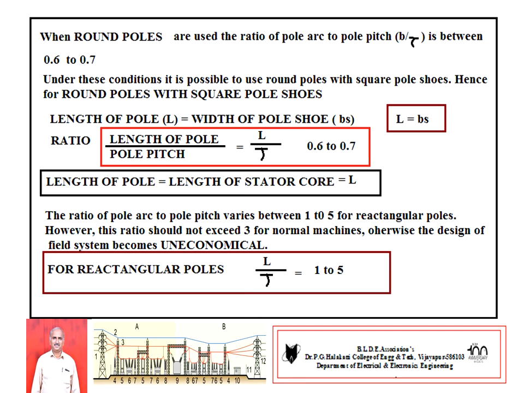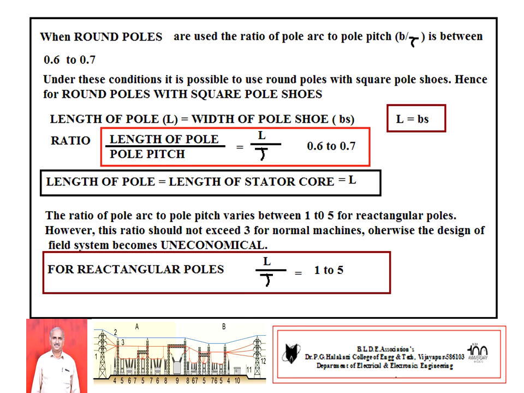L by tau, remember 0.6 to 0.7. If the data is missing, you have to assume or remember 0.65 or 0.6 or 0.7. It becomes very easy to remember: first class 0.6, FCD 0.7.